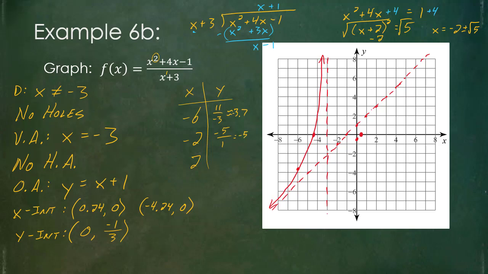So -5 is the y-coordinate of that one. So -2, -5, that's a nice point to be able to plot. I feel like that one has given me enough info that it does go through these points this way, and then it's just slowly going to approach that oblique asymptote once again.